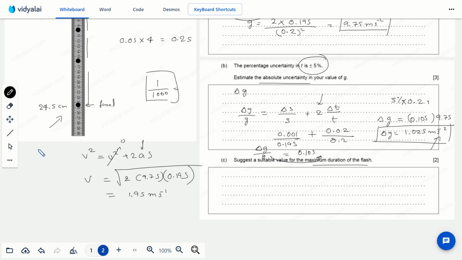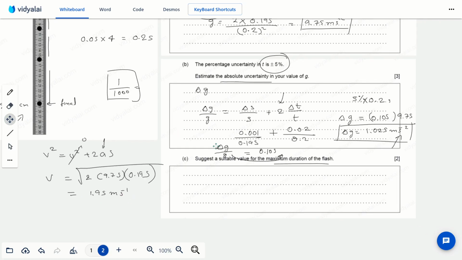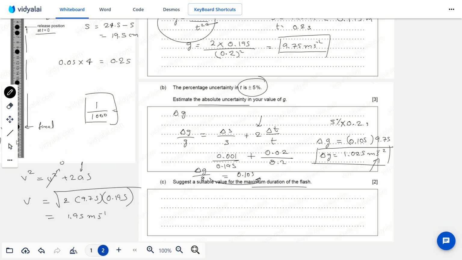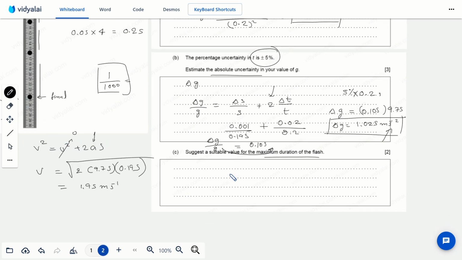So it's the highest velocity that this ball can have, and during which, if the flash is turned on, it should be only turned on long enough so that it covers 1 millimeter or less.